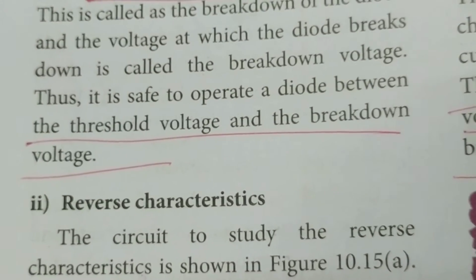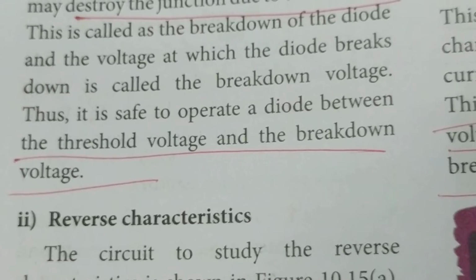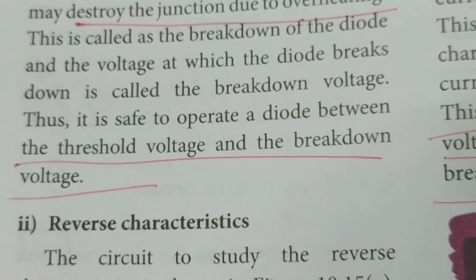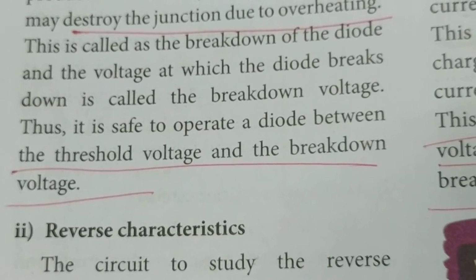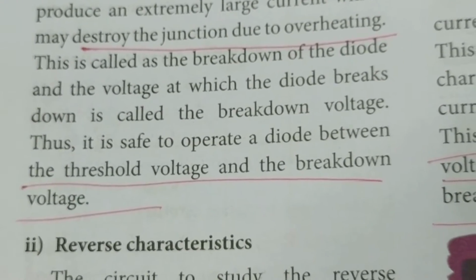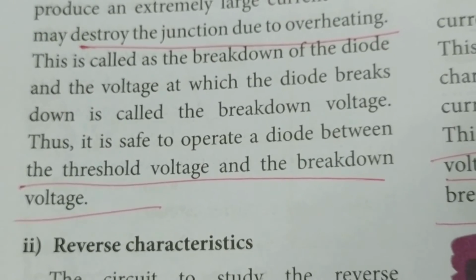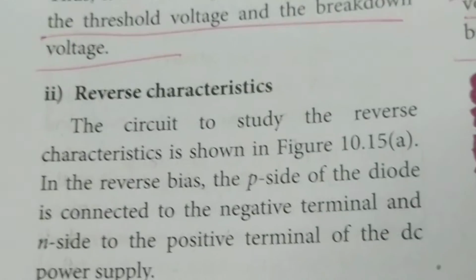It is safe to operate a diode between the threshold voltage and the breakdown voltage. Threshold voltage is the voltage at which the current begins to increase, and breakdown voltage is the voltage at which there will be complete destruction of the junction due to overheating. So it is safe to operate in between the threshold voltage and the breakdown voltage.